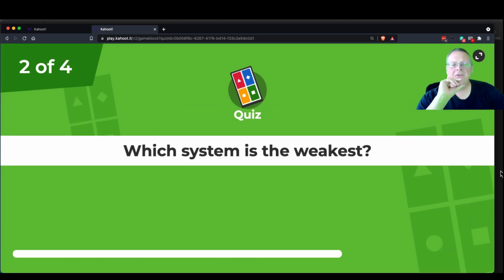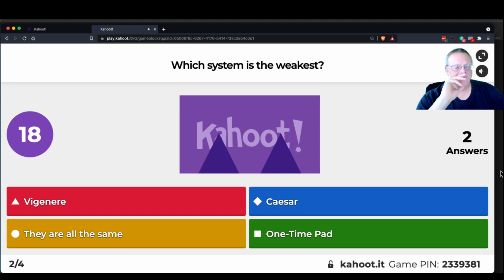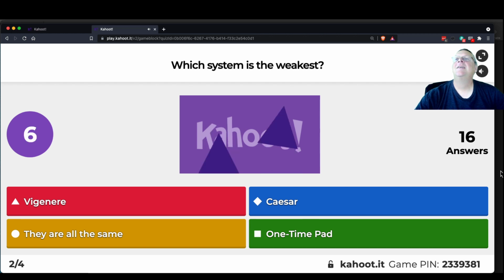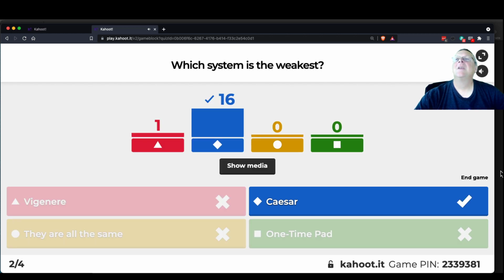Which one of these is the weakest? All right, Vigenere, right? Something like that. But Caesar is the weakest. Vigenere is in the middle.